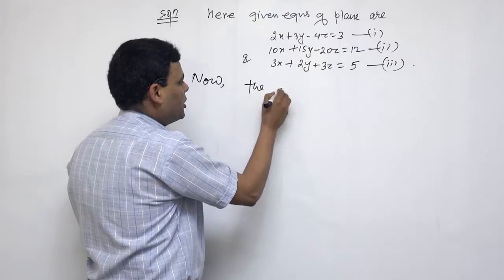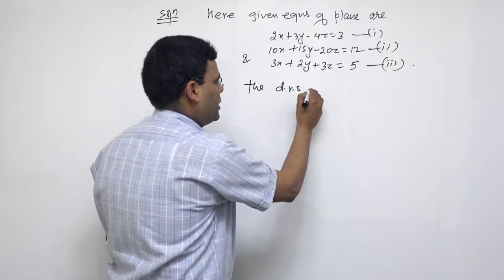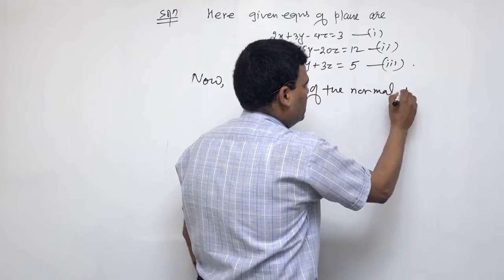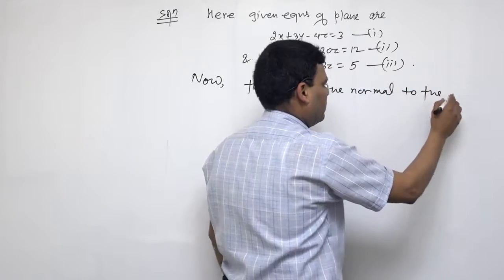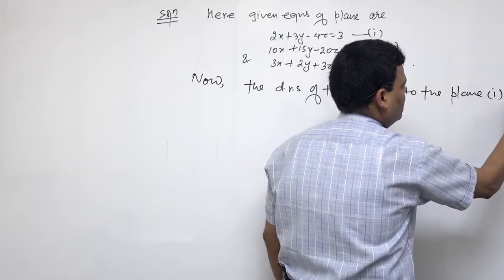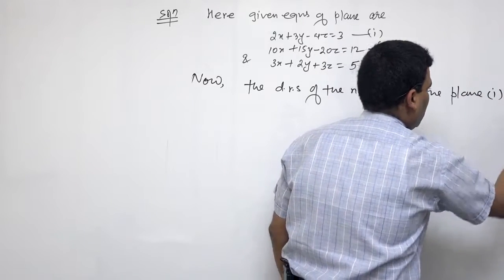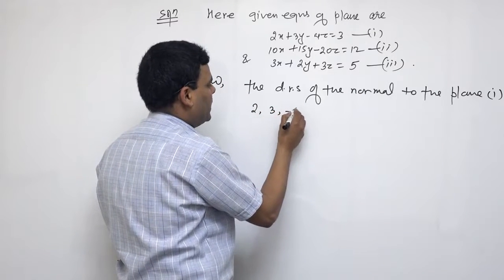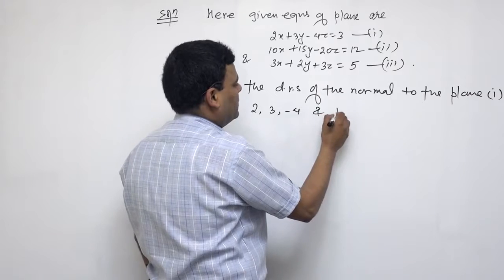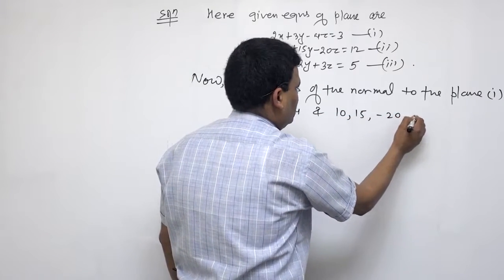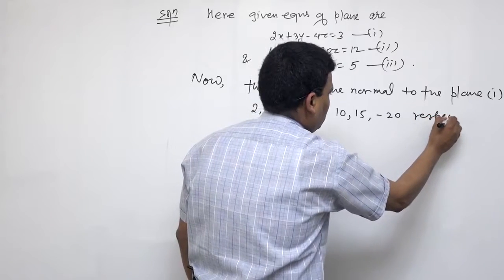Now the direction ratios (DRs) of the normals to the planes 1 and 2 are 2, 3, minus 4 and 10, 15, minus 20 respectively.